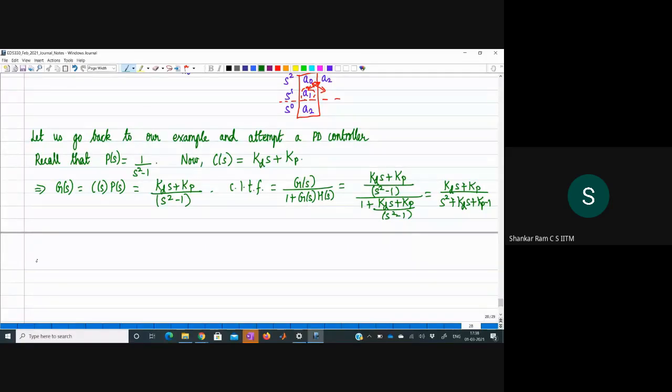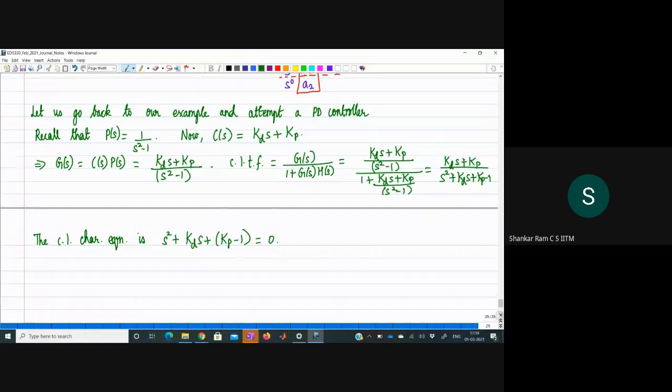So the closed loop characteristic equation, because we need to look at the closed loop characteristic equation, is going to be s squared plus KD s plus KP minus 1 equal to 0. We can immediately see that this is a second order polynomial. What is the necessary and sufficient condition for a second order polynomial to be Hurwitz?